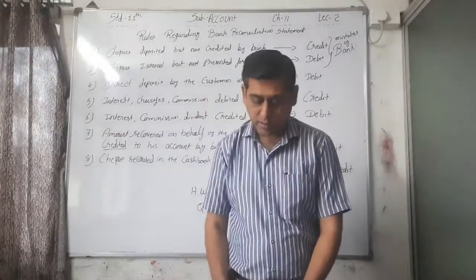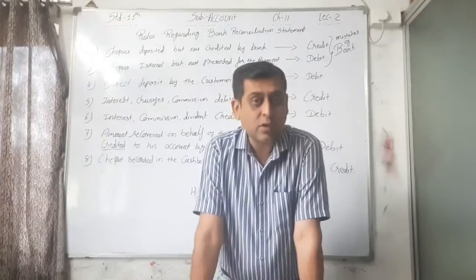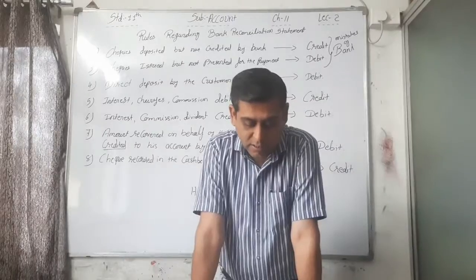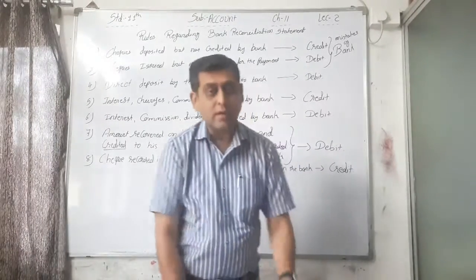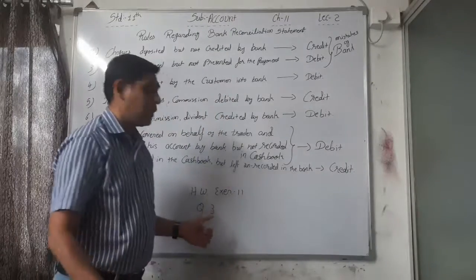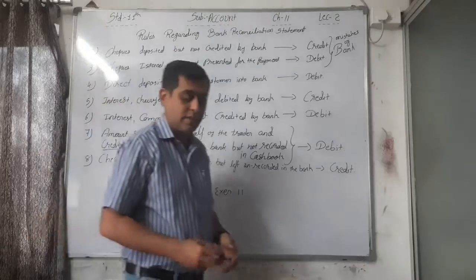You have to write it down in your exercise book. That is a 2 or 3 sentence question, the answer is given here in question number 3, and you have to write down that question number 3 in your exercise book. This in the example book, this in your exercise book.